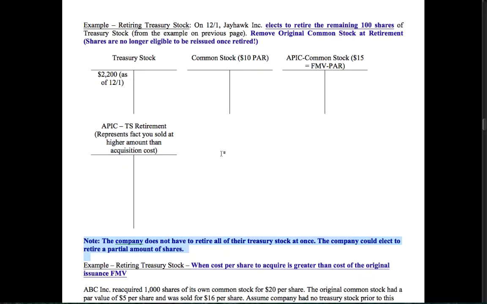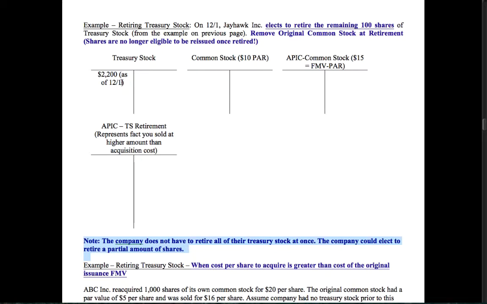Then you would remove only the part of the treasury stock and the common stock related to those 50 shares, not the entire amount remaining in treasury stock. However, for this example, we are retiring 100% of the treasury stock shares outstanding.